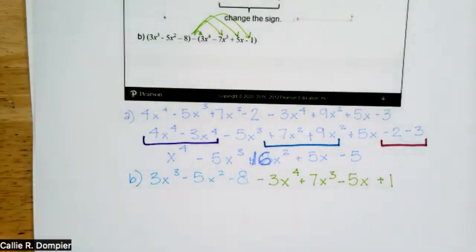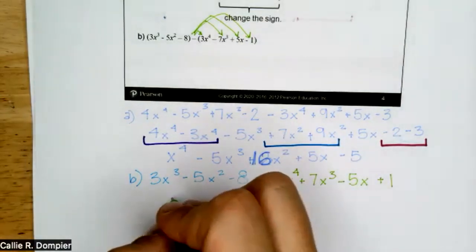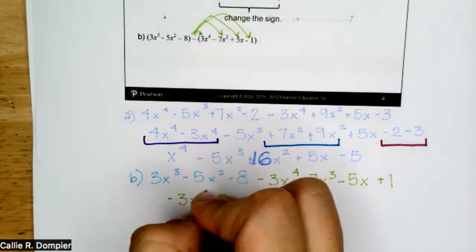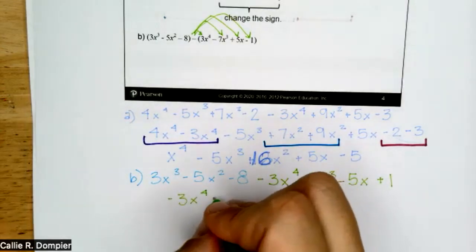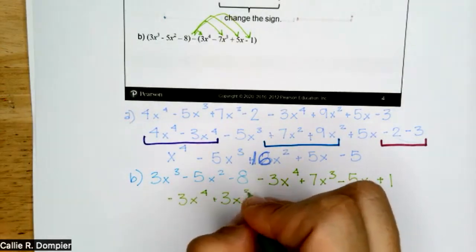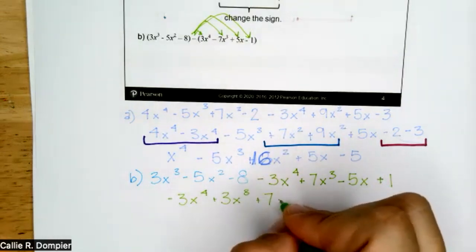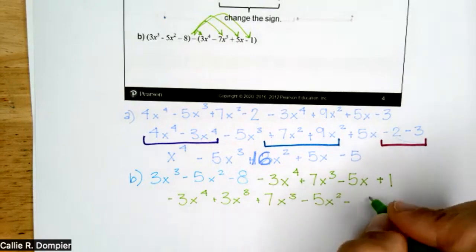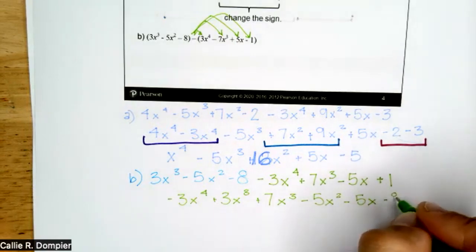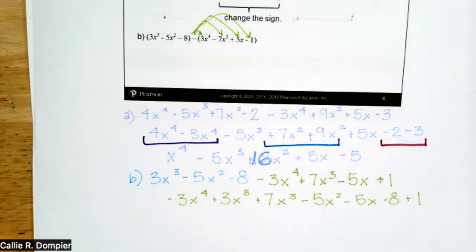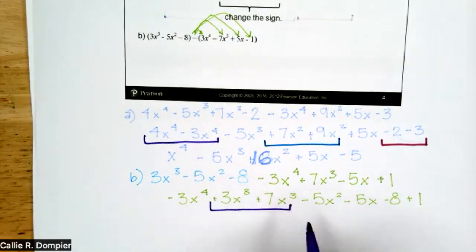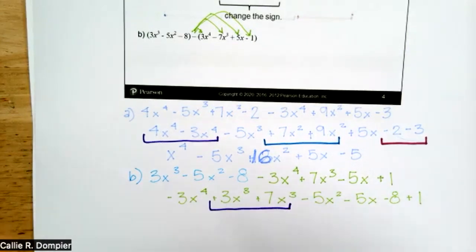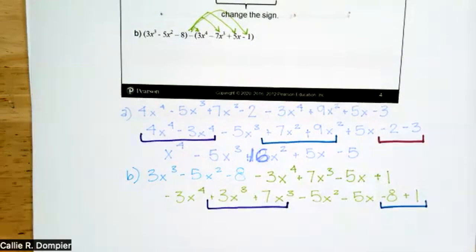Now we can combine, put it in order. Negative 3x to the fourth is what I'm starting with because it's the biggest exponent. Does that look okay? Now I can combine the 3 and the 7 and the negative 8 and positive 1.